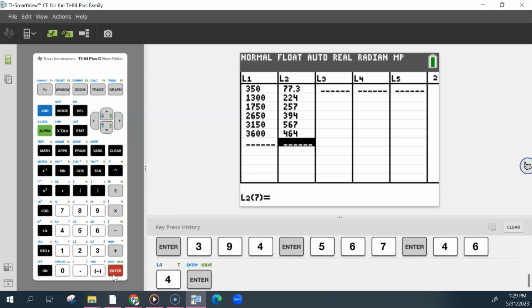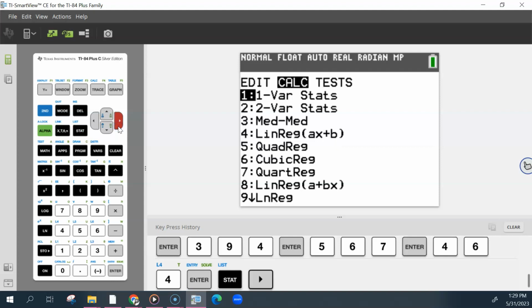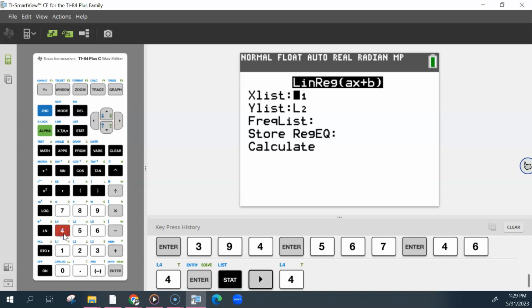Once you have all your numbers in, you're going to go back to stat, scroll to the right for calculate, and then we need the one that says linear regression. There are 2, but look at the one that's more like your slope-intercept form, so 4. You can either go down and hit number 4 or just hit 4.